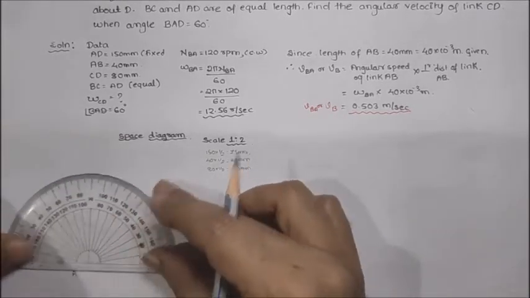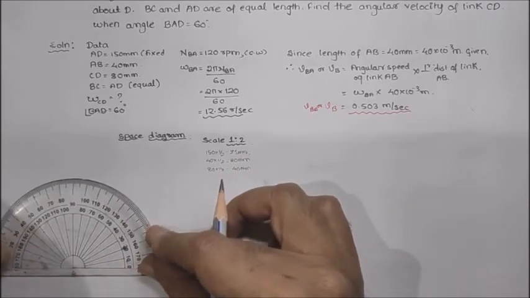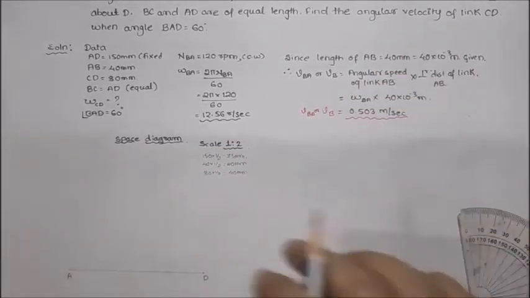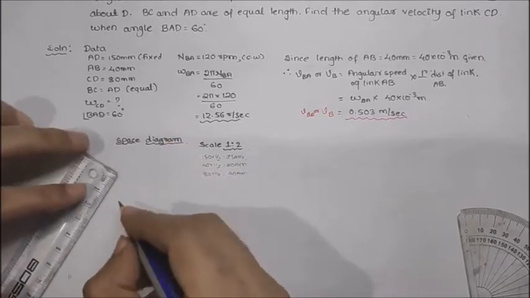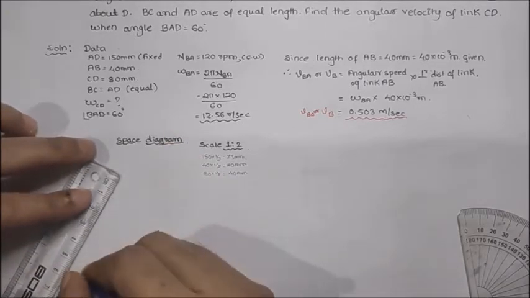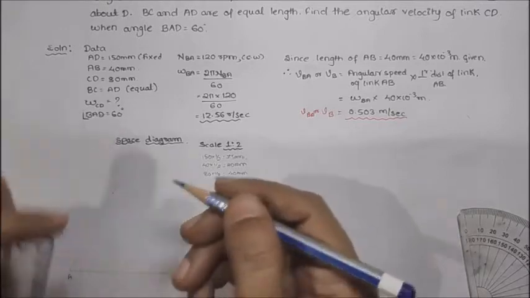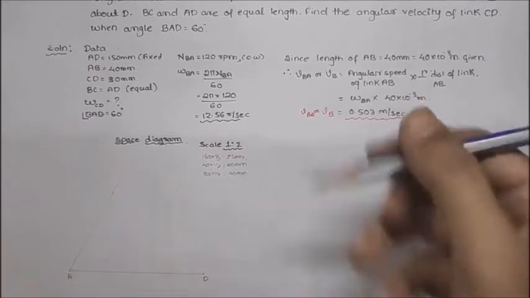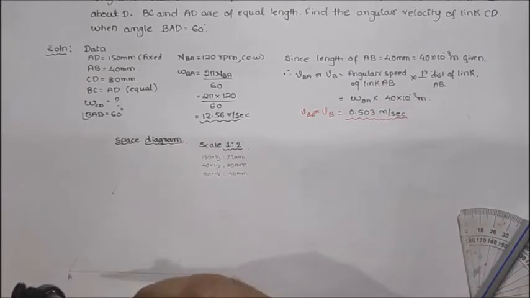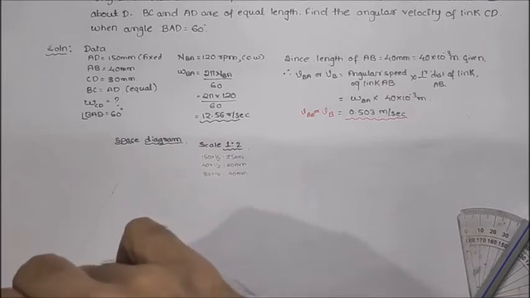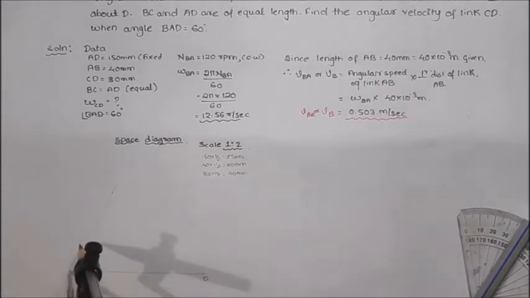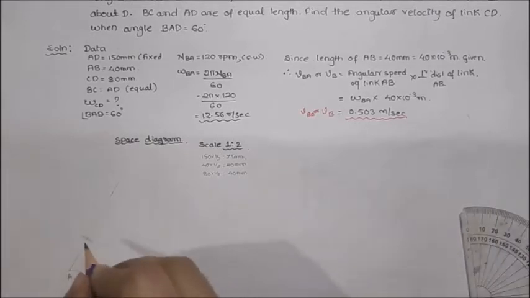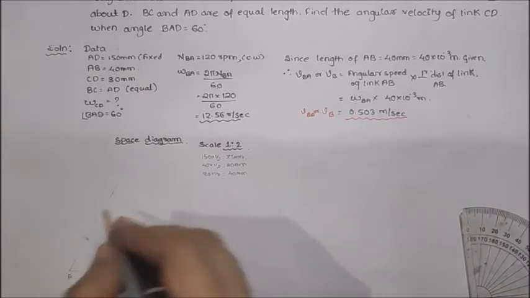From A, measure an angle equal to 60 degrees and after measuring, draw a thin line. Measure a scale equal to 20 mm. Keep the pointer at point A and cut an arc equal to 20 mm, and mark that point as point B.